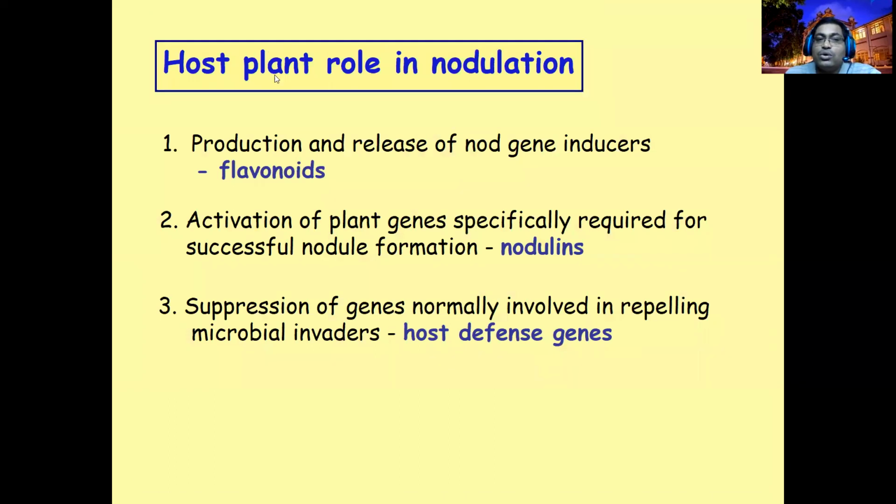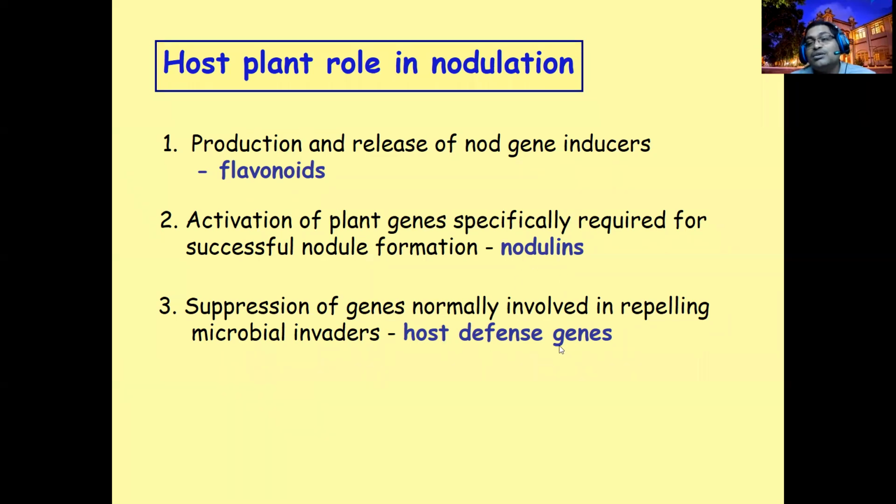Right? So the host plant role for nodulation. What is the host plant's role? They give flavonoids as root exudates. They have the nod genes present in the plant, and we call the products nodulins. It's a chemical, right? Encoded by a gene present in the legume plants. And also they do not show defense against this organism.